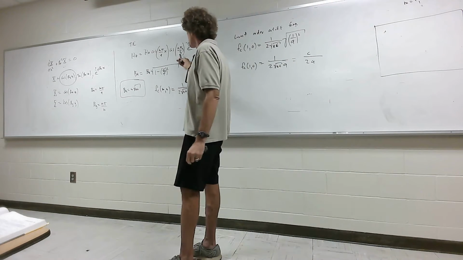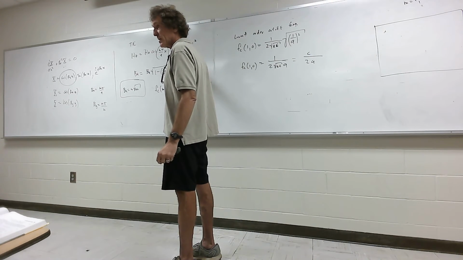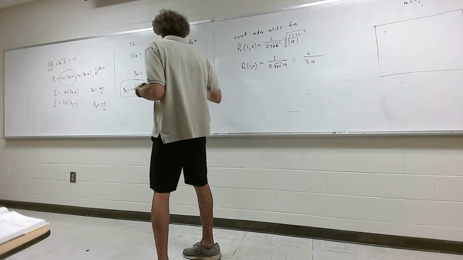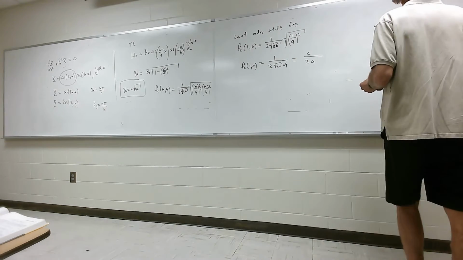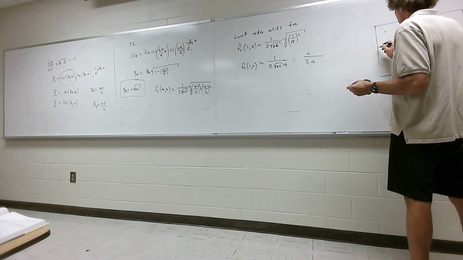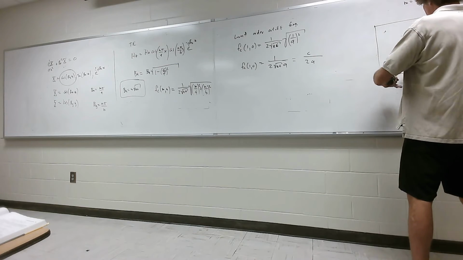All right, there is no Y variation. Y'all see that? Because n is 0, so there's no Y variation. There's only a variation in X, and it's a cosine. And what it does is this. You can forget about Y variation.